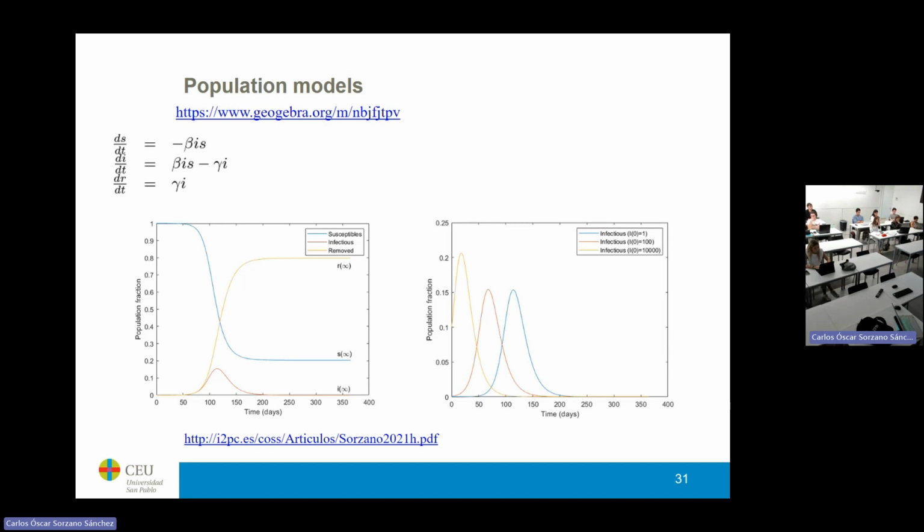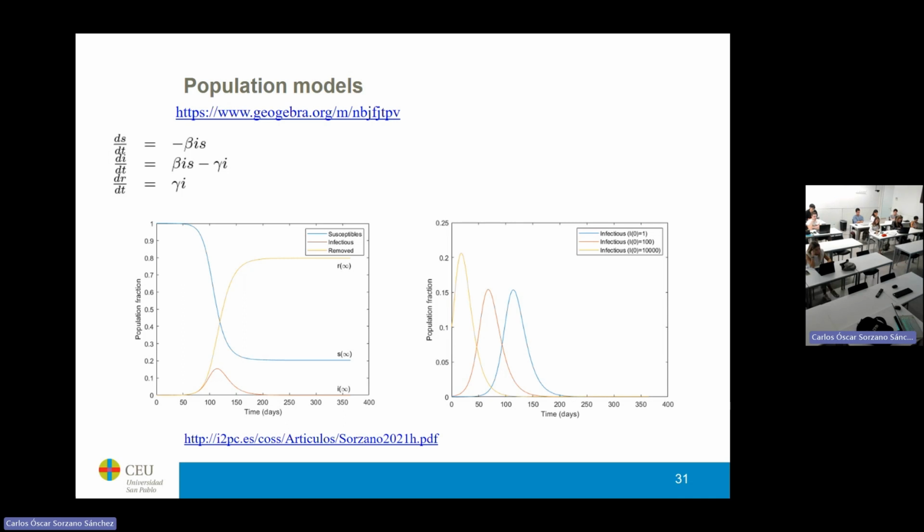So I times S is related to the probability of encounter, and beta is related to the probability that in one encounter they get infected. They disappear from susceptible and appear as infectious. So once you get infected, now you're infectious.